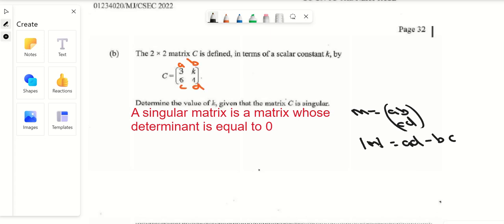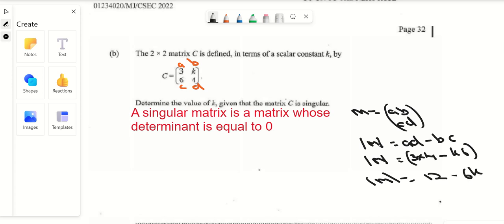So matrix M, determinant M is equal to 3 multiplied by 4 minus B by C, which is K multiplied by, that is 6. So it looks kind of like a 5, it's 6. K multiplied by 6, right? So that is 3 fours are 12 minus 6K.